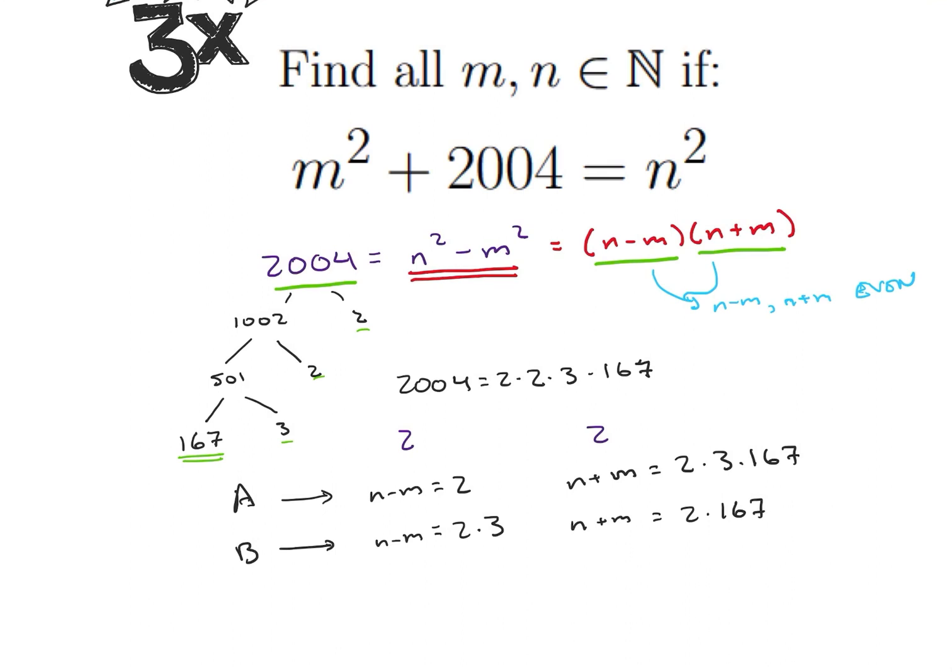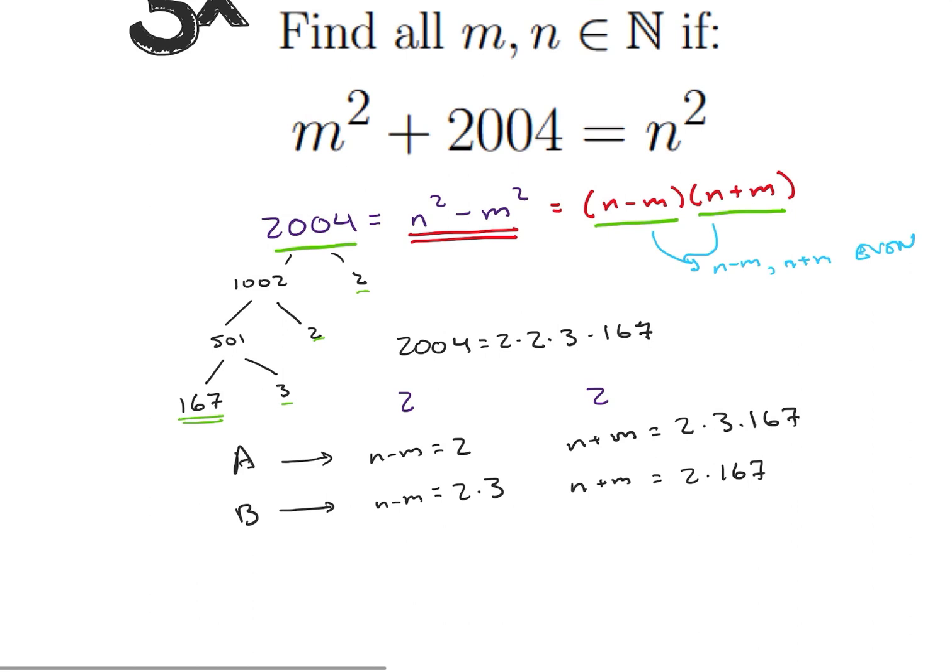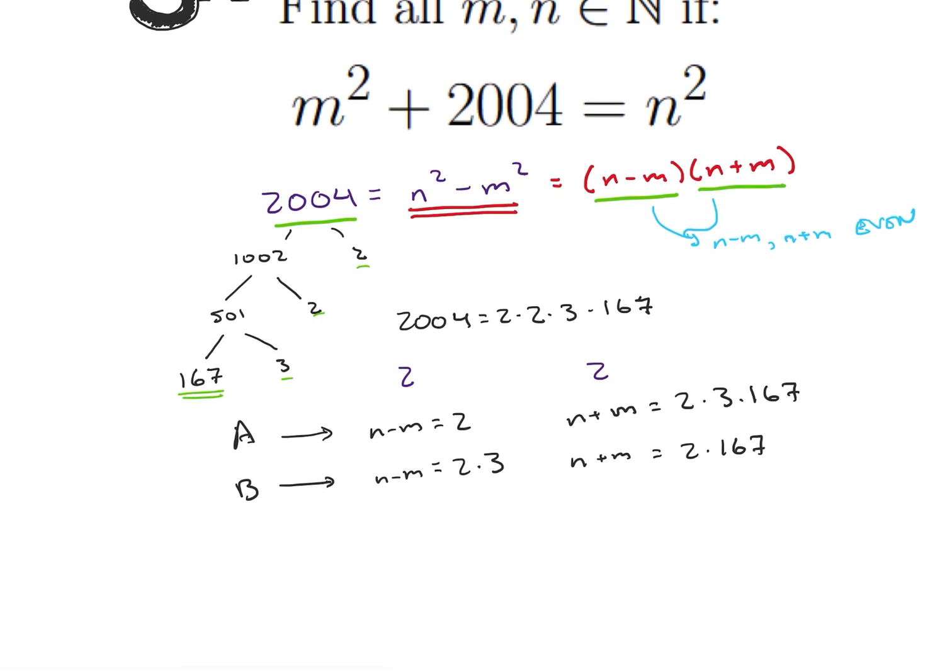And since I'm restricting myself to n minus m is less than n plus m, because they're both natural numbers, that means that these are going to be my only two solutions. There's no other way I can use these prime numbers right here to get another set of solutions.